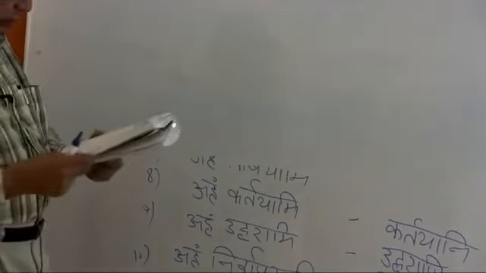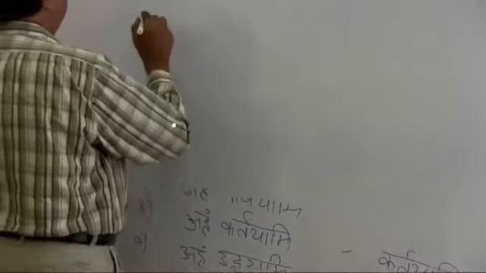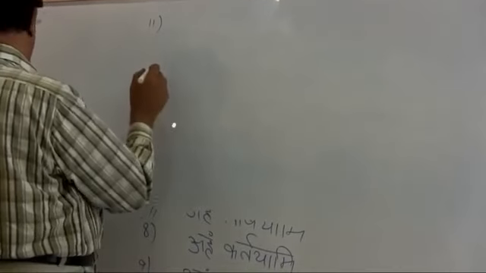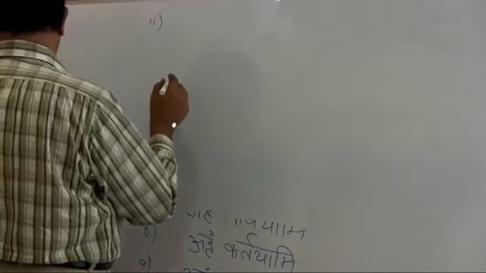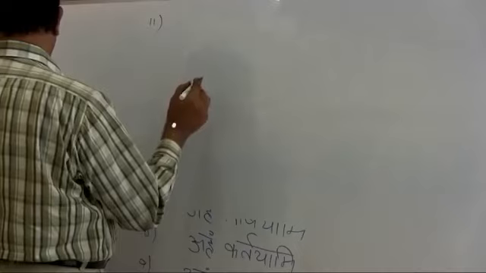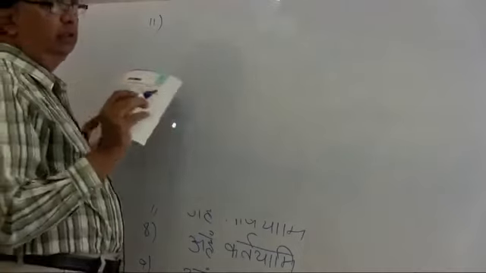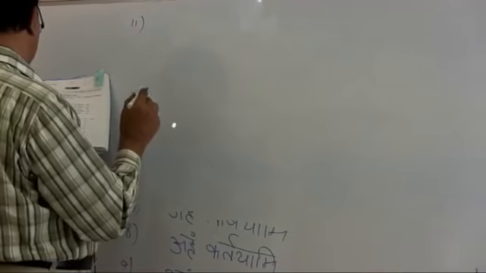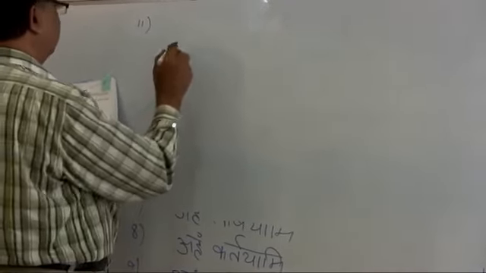Then in the second part of this page, we have first person dual numbers given from 11th sentence onwards, 11 to 20. That is 10 more sentences devoted for first person dual number, Uttama Purusha Dvivachana.